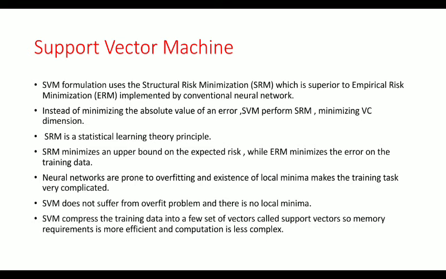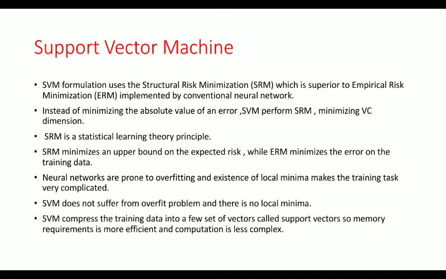But the support vector machine uses structural risk minimization, which has some advantages. Instead of minimizing the absolute value of an error, the support vector machine minimizes the dimension. That means if we minimize the dimension, the error also decreases.